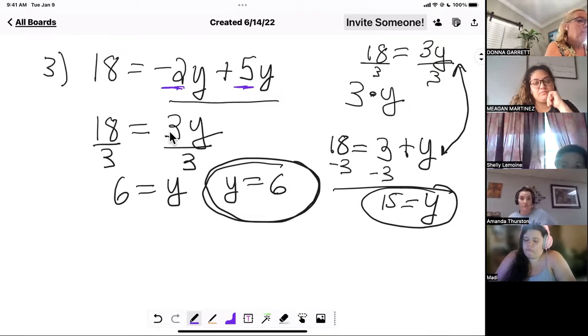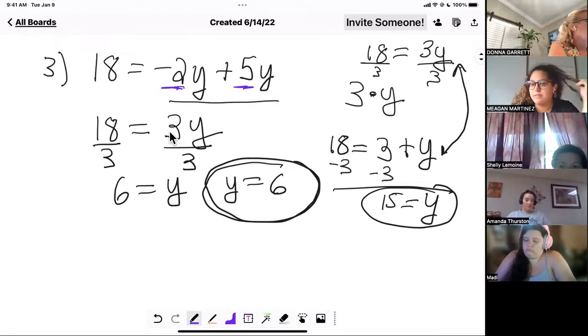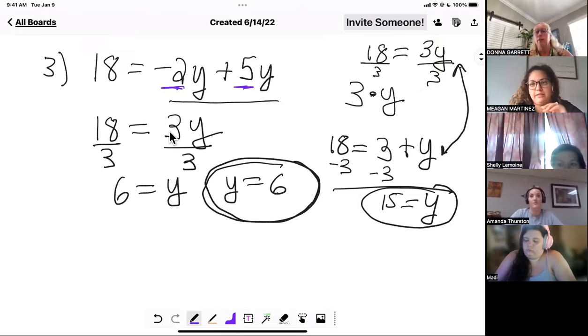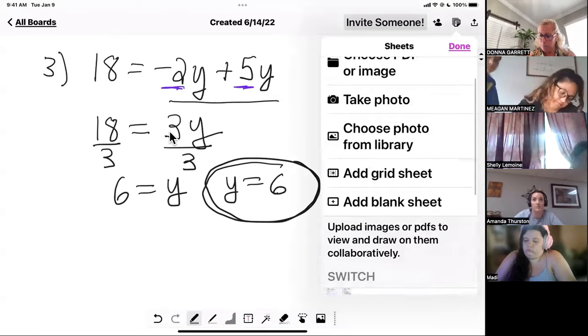So let's do some more. Not a problem. At first, I was having problems too with making sure I was dividing, like with the 4x, instead of subtracting or whatever. Right. And you know what? It's just more practice. You'll be fine. So I'm gonna change the page and I got the book, so I have more problems we can do.